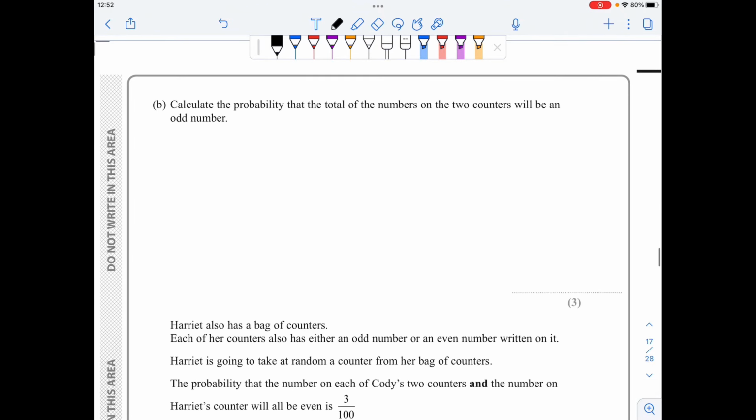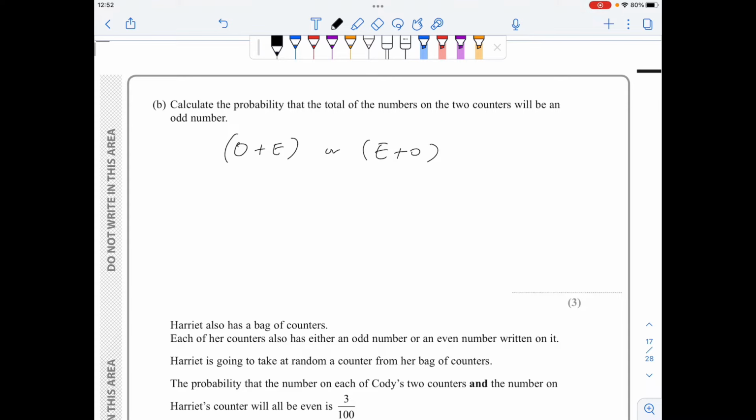Let's go to part B. I want the probability that I get a total to be an odd number. Now note, when I have two numbers, adding them and the sum is an odd number, it means that it's either odd plus even or even followed by an odd number.